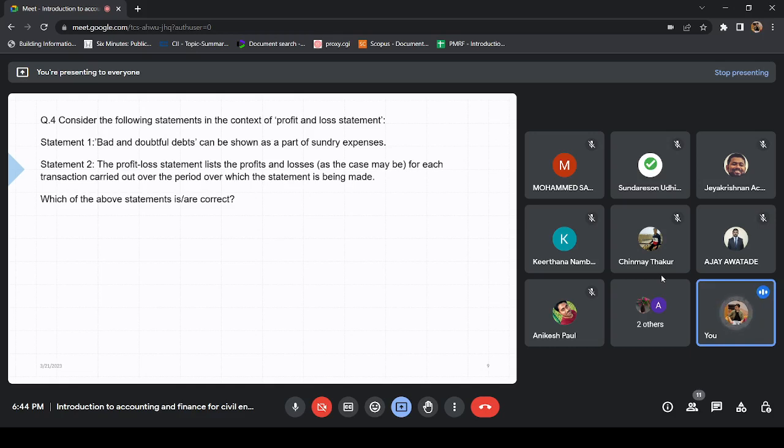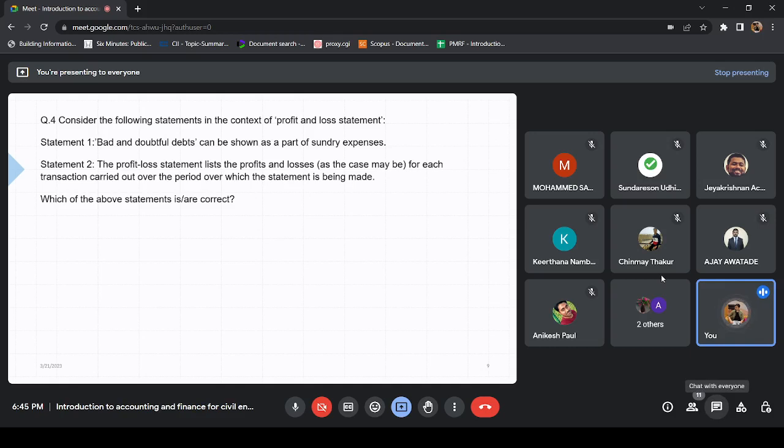Now you know what expenses are, and sundry expenses are some miscellaneous ones that you don't want to talk about, you can't attach them somewhere. So are bad and doubtful debts your sundry expense? No, they are not. They actually come under a separate head. In the income statement, bad and doubtful debts come separately. So that first statement is false.